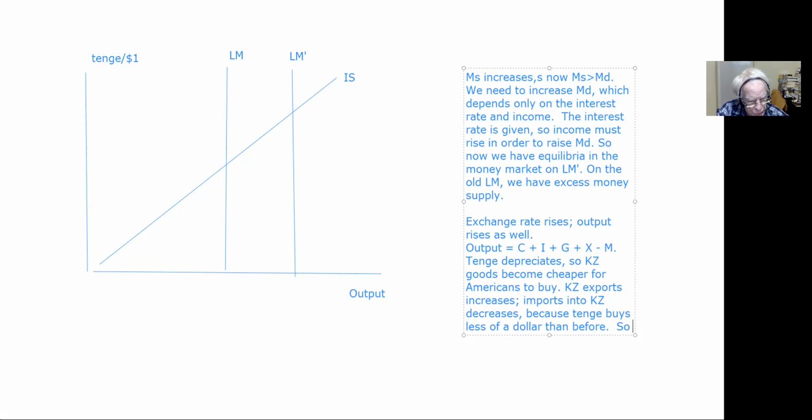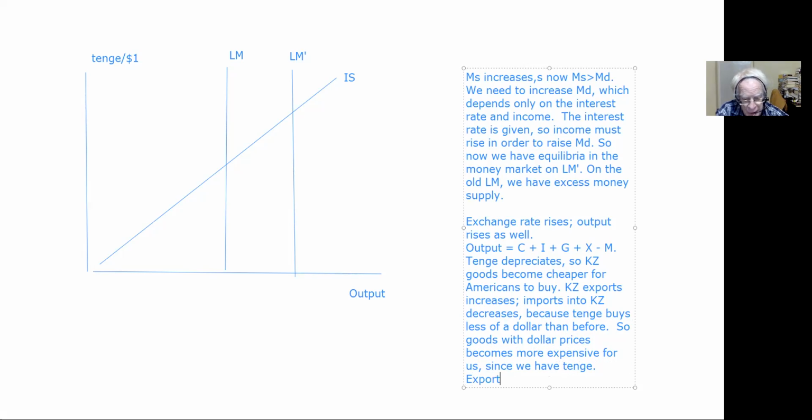So goods with dollar prices become more expensive for us since we have tenge. And therefore imports fall.